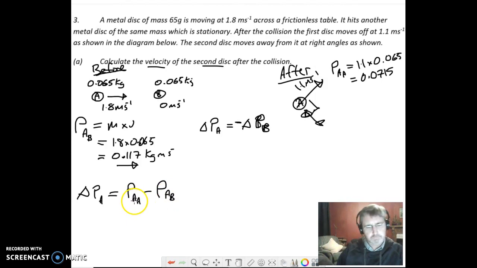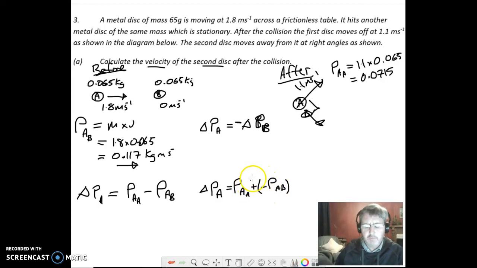Let's rewrite this equation. The change in momentum of A equals momentum of A after plus the negative momentum of A before.